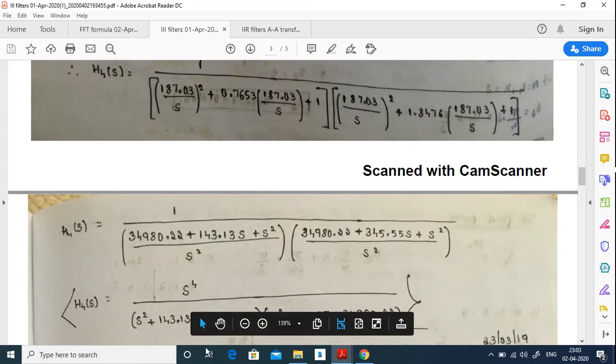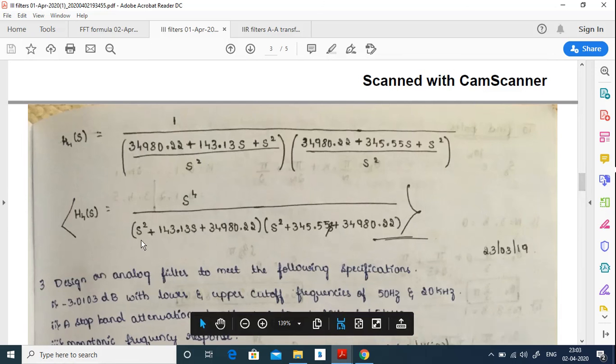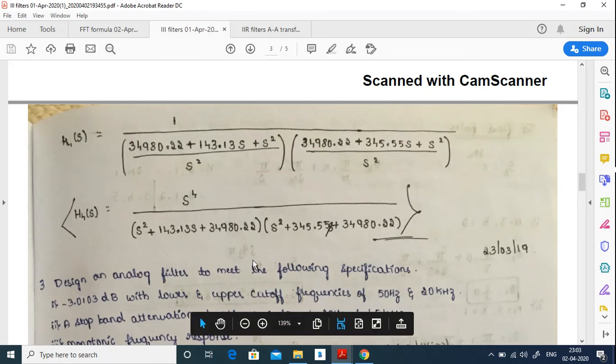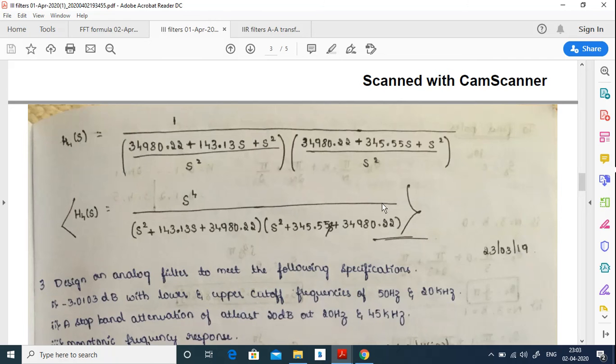Actually, we need to simplify this further, because I need a Butterworth polynomial, which is of order 4 in this case. Even if you do it till here, it is sufficient. So if you want full marks, and if you have time in exam or test, further simplify, or else even if you show up to here, it is okay.